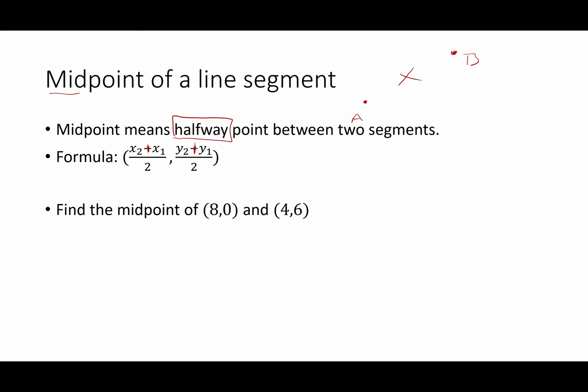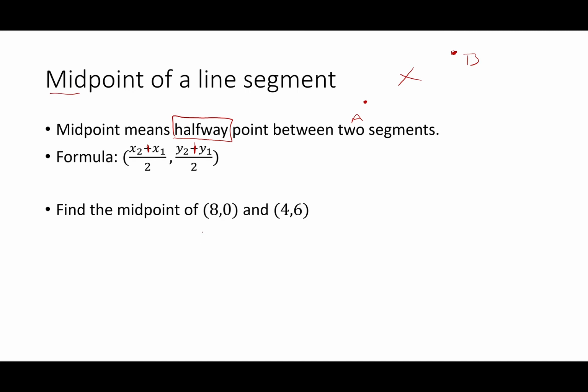Excuse me, we are adding the 2 points and then we're dividing by 2. Does that make sense? It's like the average of the x's, adding the 2 of them and dividing by 2. So if you think of the midpoint, halfway point, or the average, add the 2 x's, divide by 2, add the 2 y's, divide by 2.